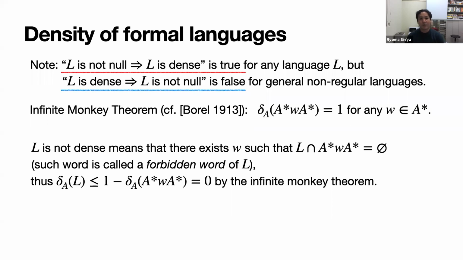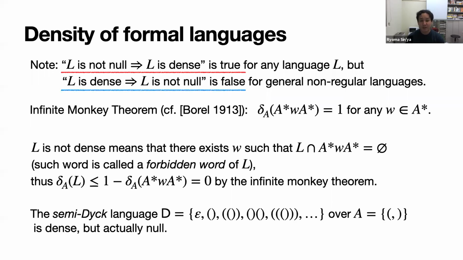But the opposite direction is not true. Here is a very basic counterexample called the semi-Dyck language, which consists of all consistent sequences of left and right parentheses. This language is dense because for any broken sequence of parentheses, we can add left parentheses on the left, and we can add a suitable number of right parentheses and then make it consistent, right?